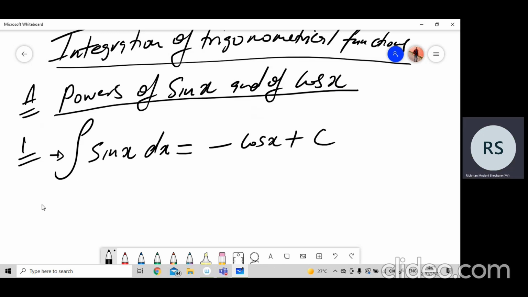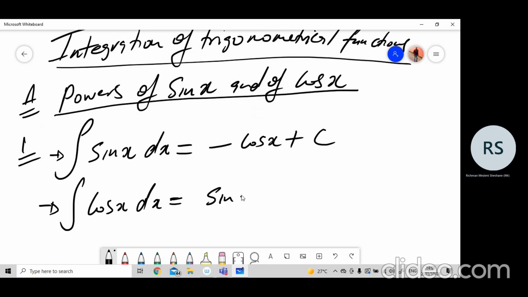The integral of cos x, to the power of 1, dx, is just the integral of cos x, which is sine x plus c. So we know how to integrate sine and cos when it's to the power of 1. It's just straightforward.